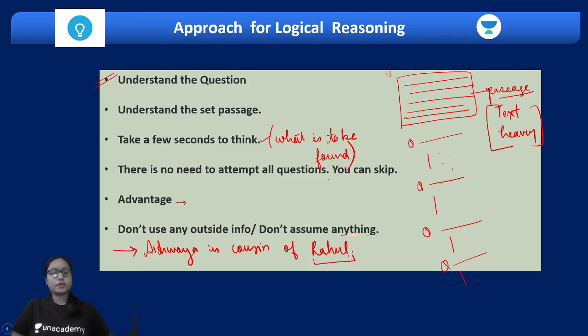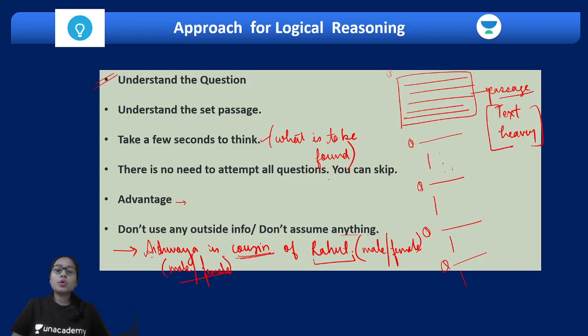Do I know the gender of Rahul? No. So here Rahul could be male or female. Similarly, Aishwarya is cousin. Cousin is a relationship which does not determine the gender of a person. Cousin could be a male cousin or a female cousin. Just because in our general life Aishwarya is mostly the name of a female, here I cannot assume this.